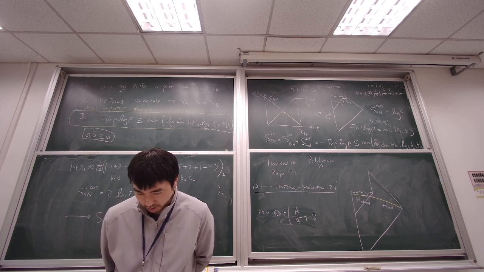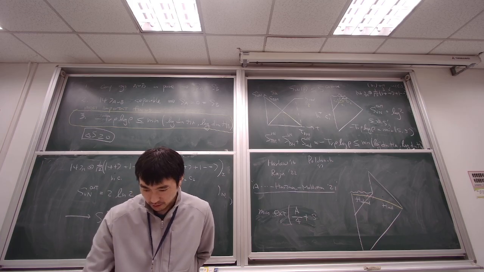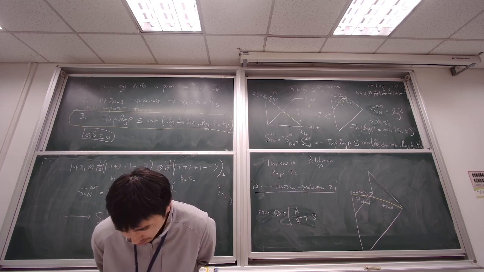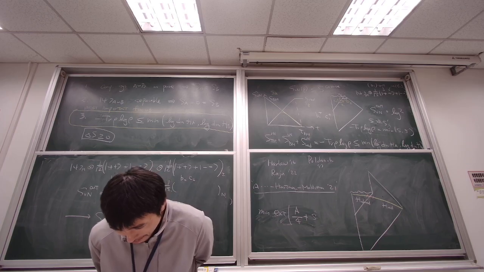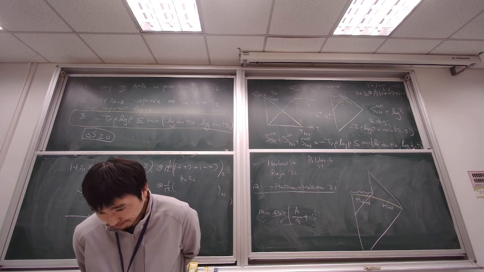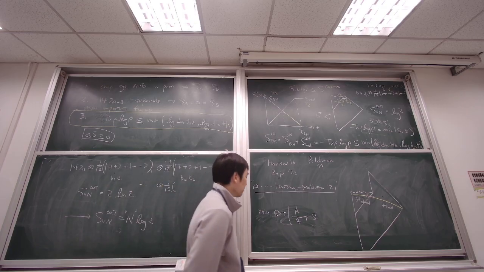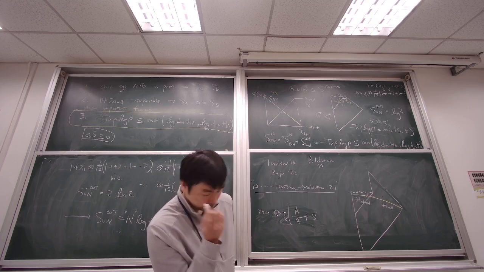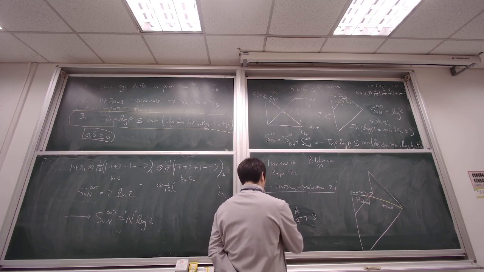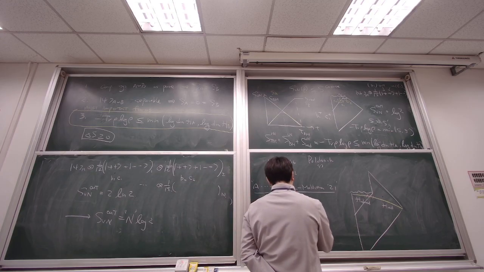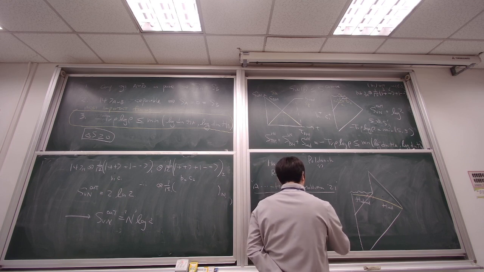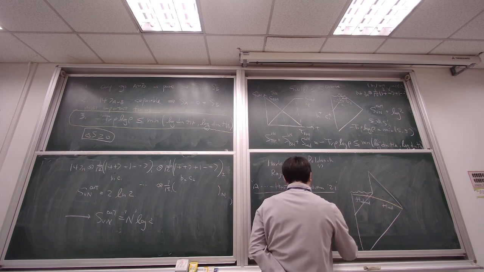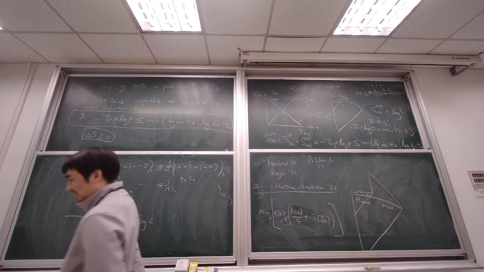Codimension-2 surface sigma, x is the region bounded by x. Okay, so this is the island formula.